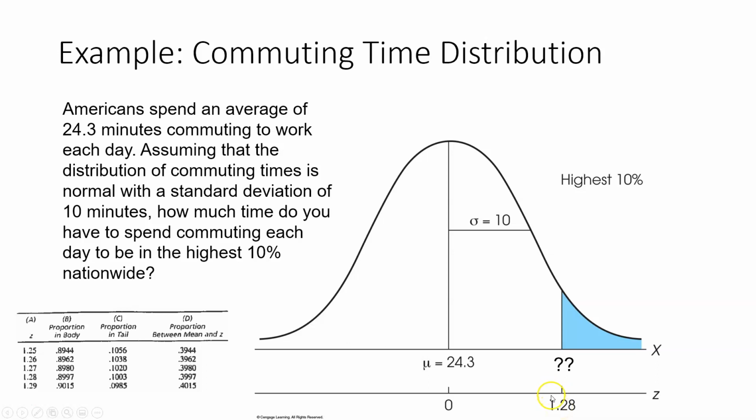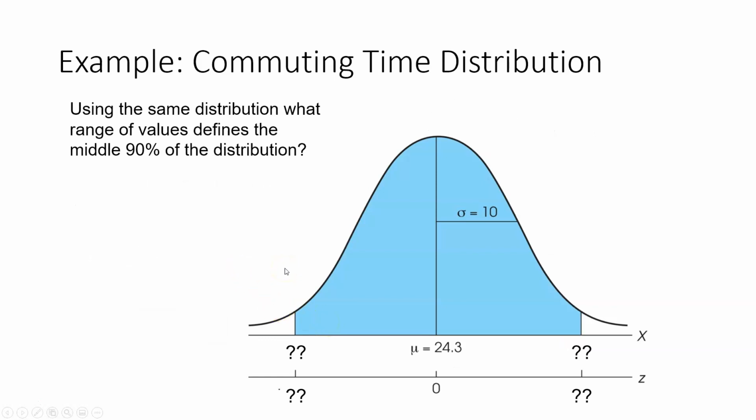Now, using the formula that we saw in the last module, x equals the mean plus z times the standard deviation, we can plug in our values of the mean 24.3, the z of 1.28, which we just obtained, and the standard deviation of 10. If we carry that formula through, we get 37.1 as the score that corresponds with the z of 1.28. That is the number of minutes that somebody has to drive in order to be in the top 10%. Where do you fall? Are you in the highest 10% or are you in the lowest 90%?